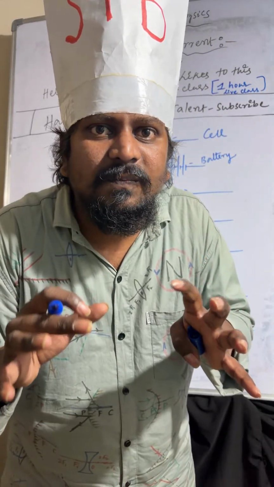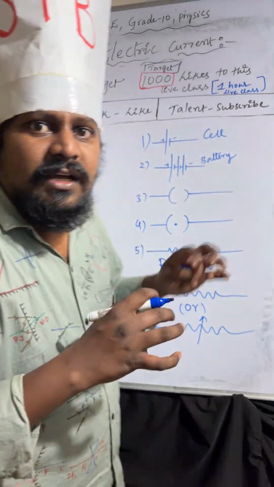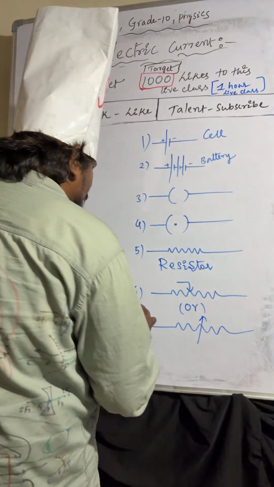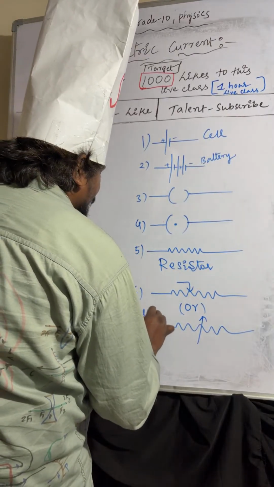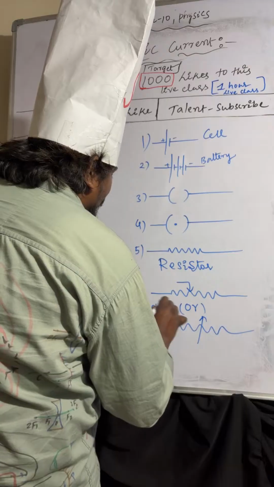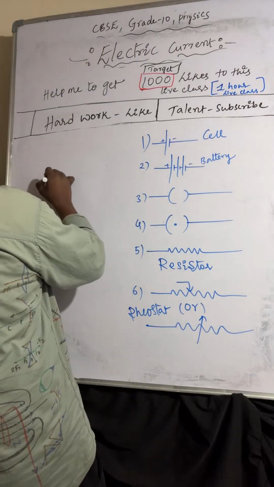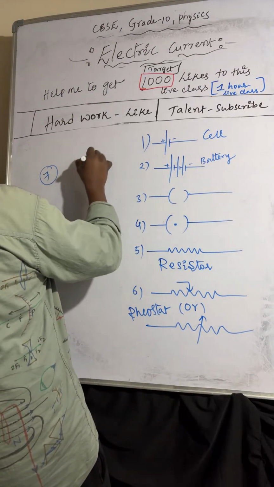That is called rheostat. This is a rheostat. And coming to the ammeter.